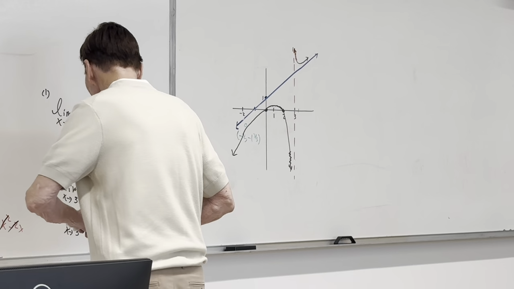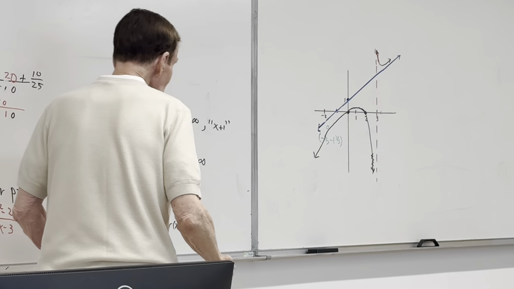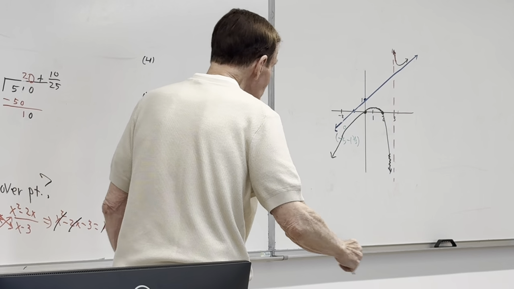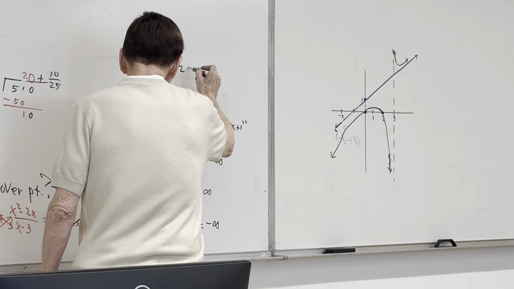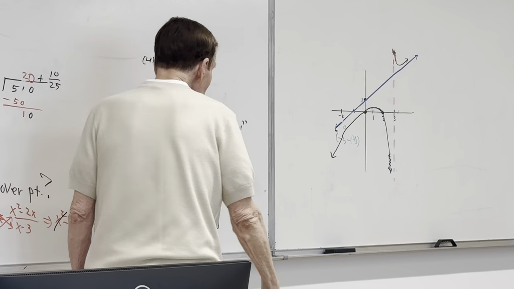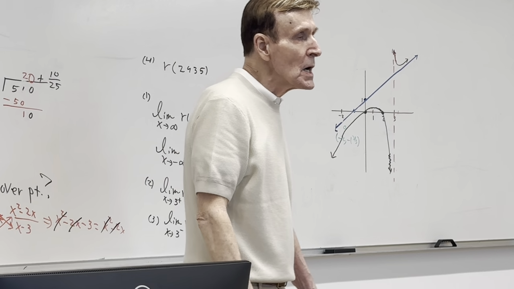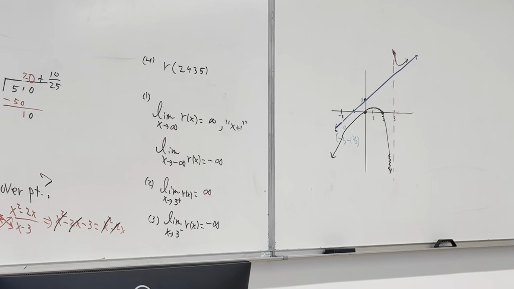Number 4. Suppose I ask you to find, now watch carefully, R at 2,935. If I saw that as a student, I'd probably freak out and go, what on earth? I know what it usually means, Professor.